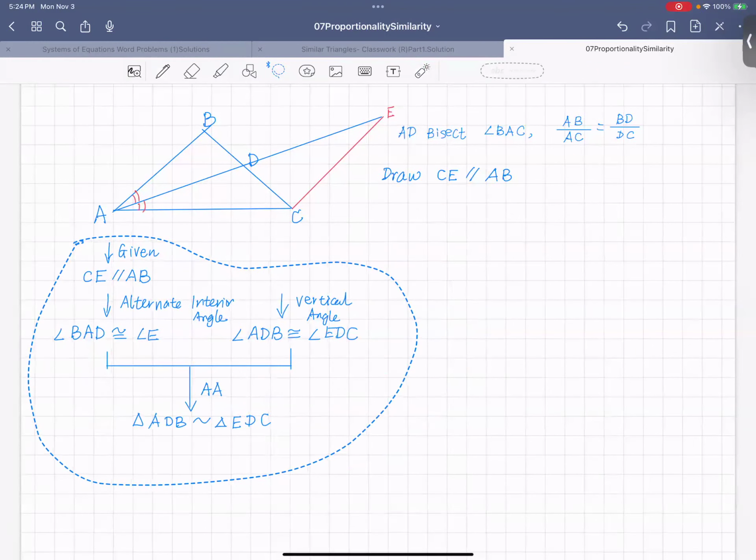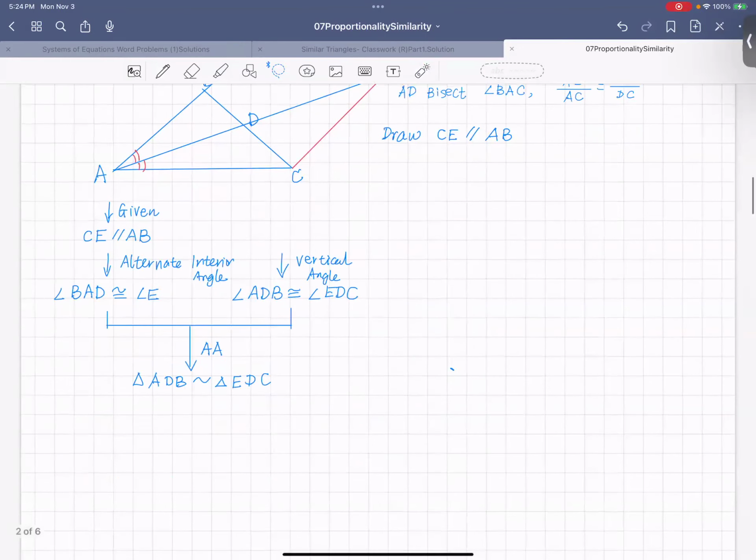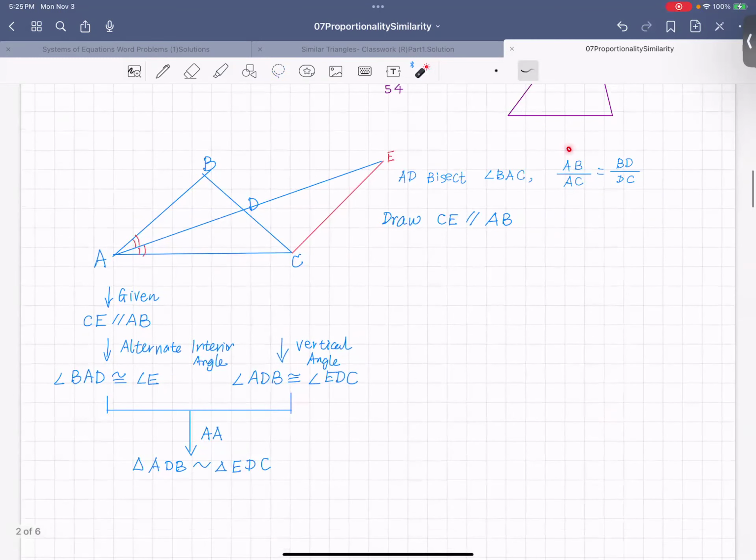Lilian, let's do the second part. Our target is this guy. We want to reach this guy. We know these two triangles are similar. Can you say that over that, this over this?